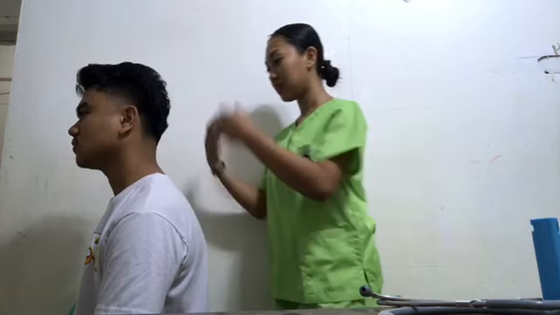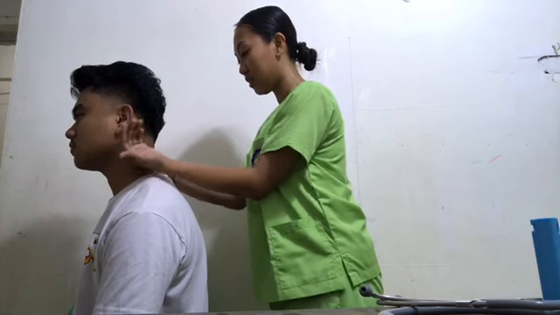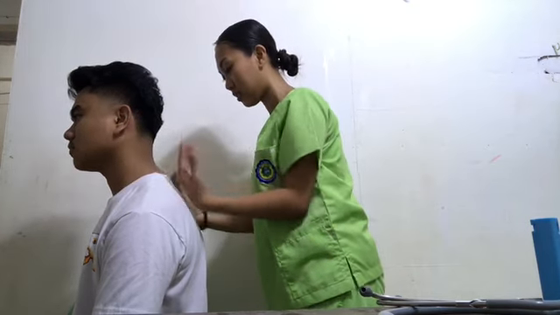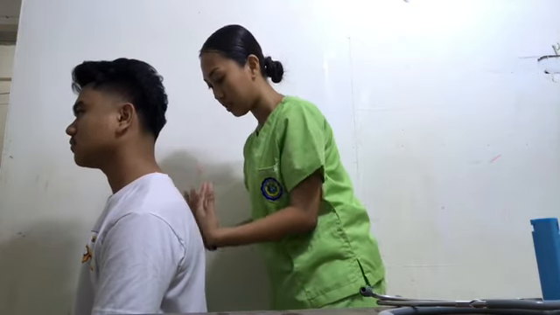In palpating the temperature, I will use the dorsal surface of my hand. And in palpating for tenderness, muscle development, and masses, I will use the palmar surface of my hand.